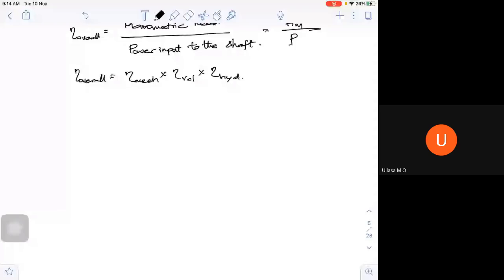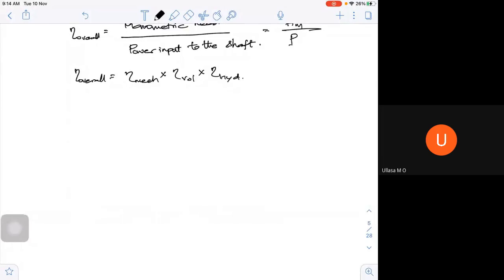Now here, what we try to do is the analysis of the centrifugal pump.